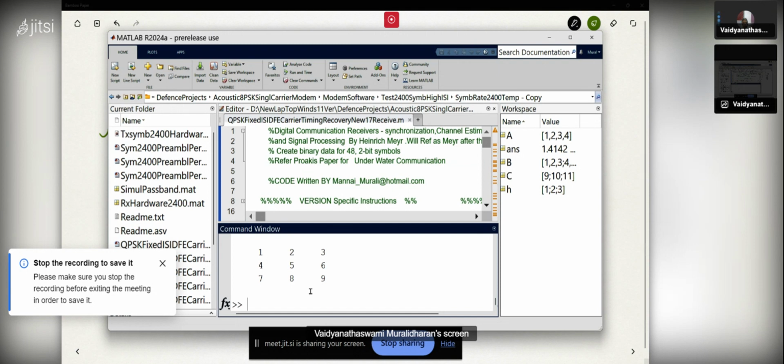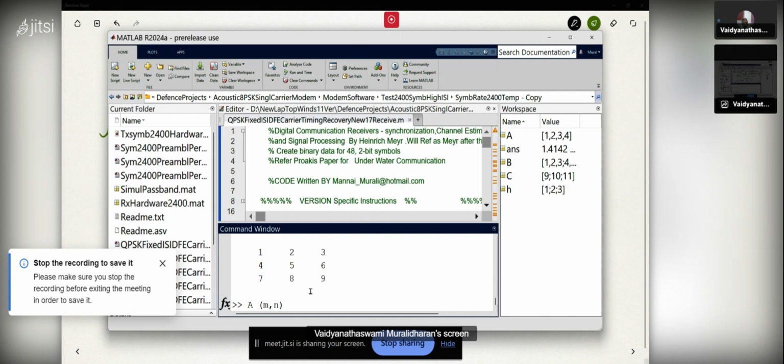We can add two matrices, subtract, and multiply two matrices also, but that is not always possible. Suppose there is a matrix A and another matrix B. Matrix A has m rows and n columns.